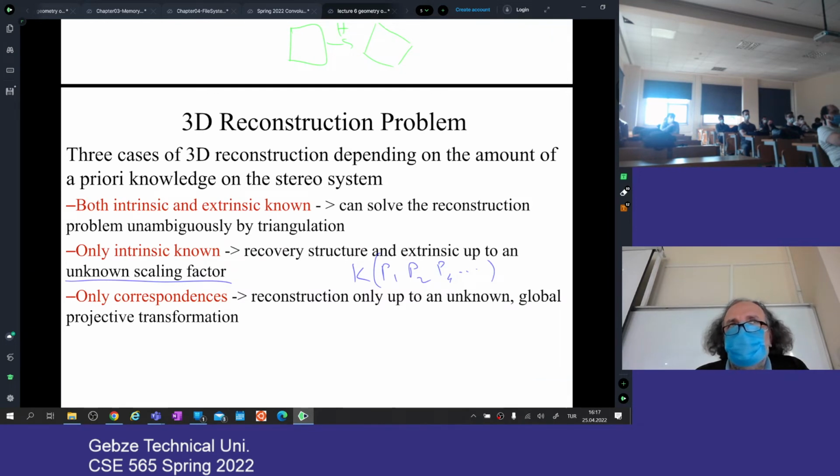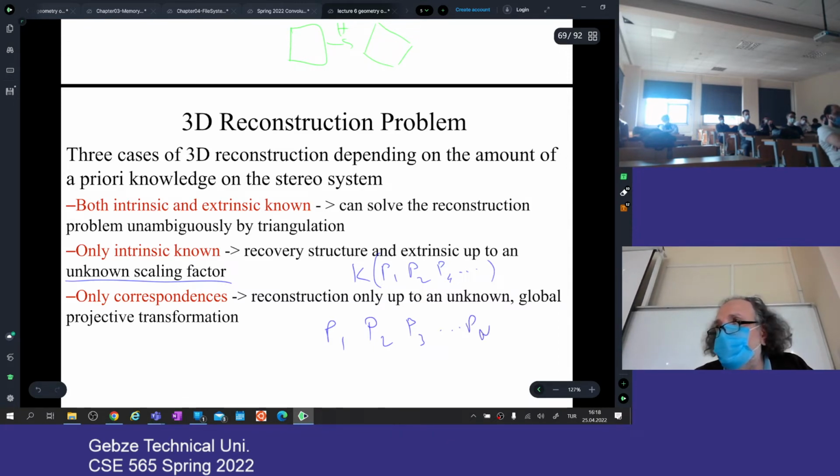Worst thing is this. You have only the correspondences between left and right image and nothing else. I don't have K, I don't have R, I don't have T. Of course you can do the stereo, you can calculate the fundamental matrix. You can get a disparity map between right and left image. But how about the actual depths, XYZ values? Say that I can give you your P1, P2, P3, XYZ values up to Pn, but you are going to multiply all of them with a projective transformation like a homography.